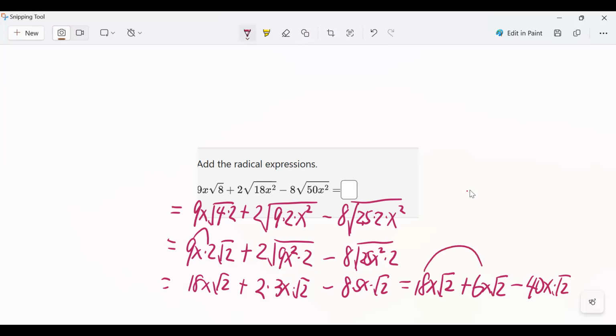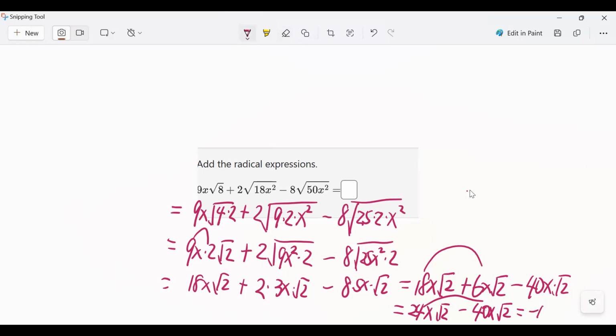When you combine the first two, you get 24x radical 2 minus 40x radical 2. Then subtract those two: 24x minus 40x is minus 16x radical 2.